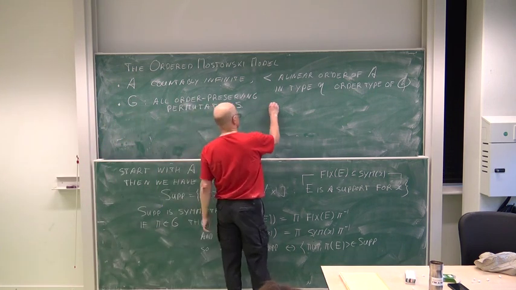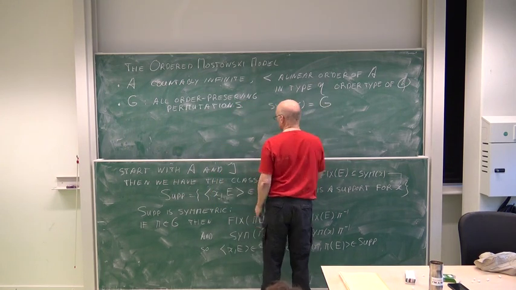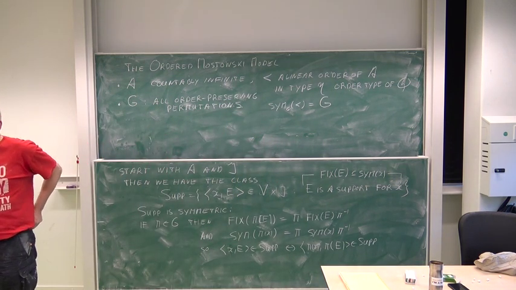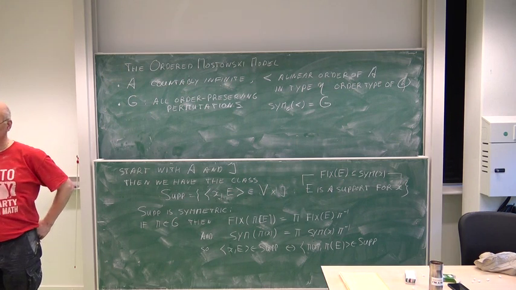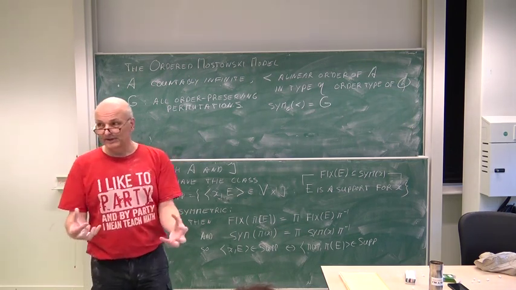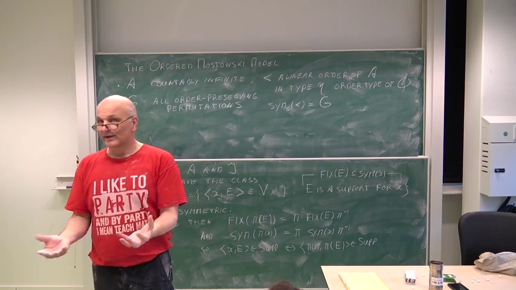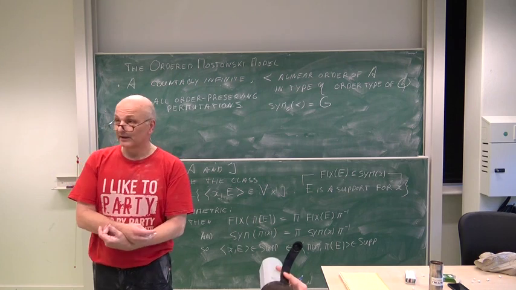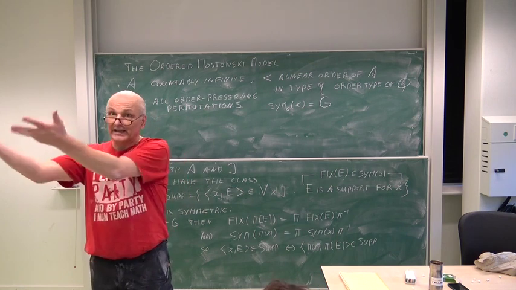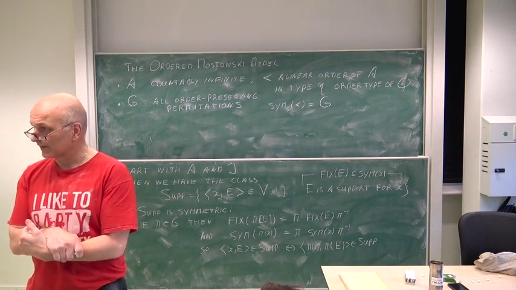Notice the symmetry group of the linear order is the whole of G. Because if I take the image of the linear order, the set of ordered pairs that make up the linear order, remember, a linear order is a subset of A squared, and I let pi act on it, pi preserves the order, so every pair x,y with x less than y ends up being of the form pi of u comma pi of v, where u is less than v, and vice versa.